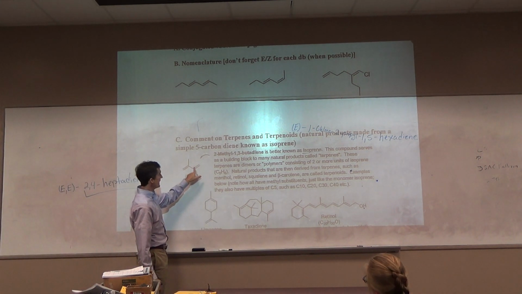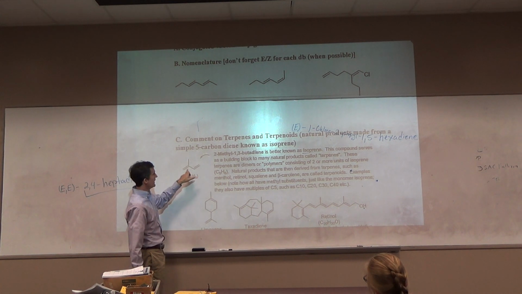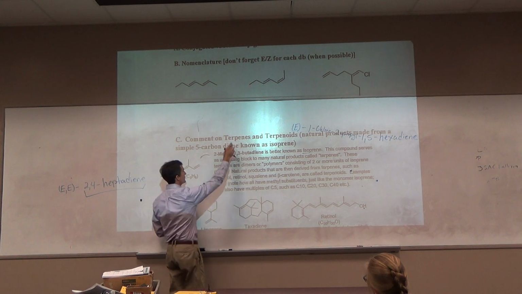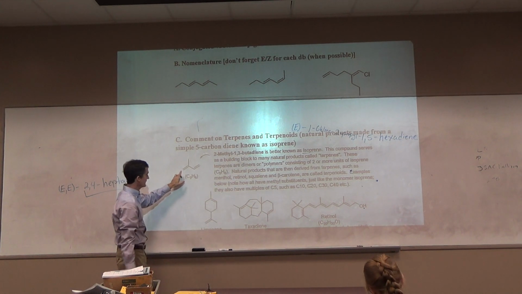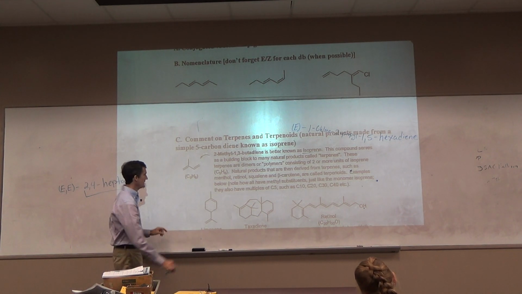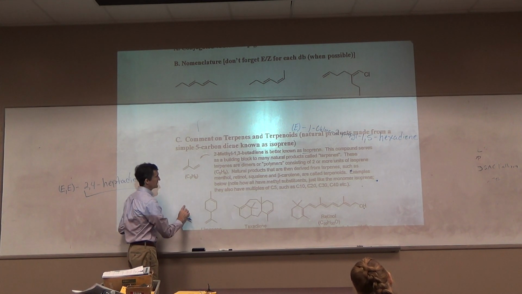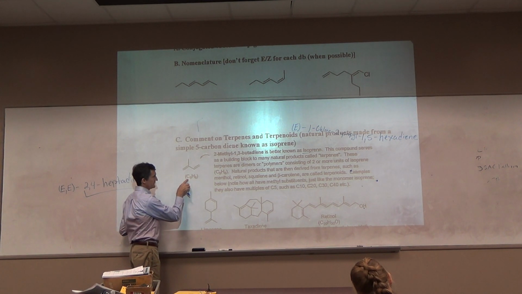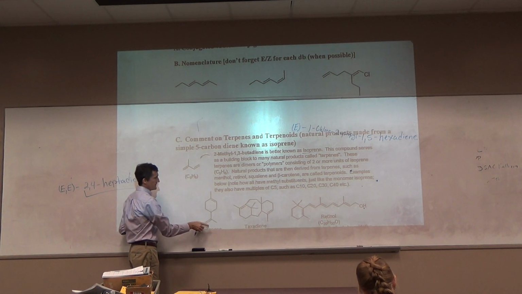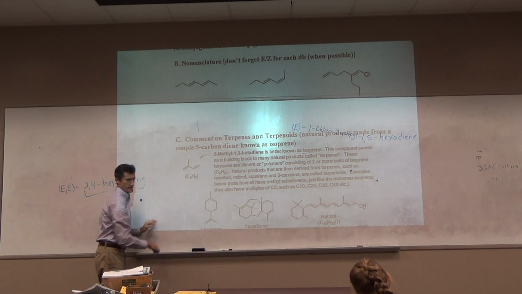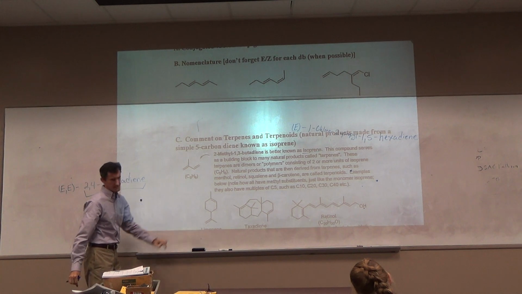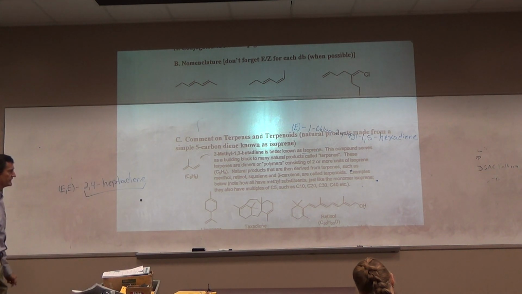All right. Things that are made from isoprene are called terpenes. Terpenes are made from isoprene. And terpenes tend to be sort of polymeric products. This has a formula of C5H8. Many of your terpenes are just multiples of that, like C10H16 or C50H80.